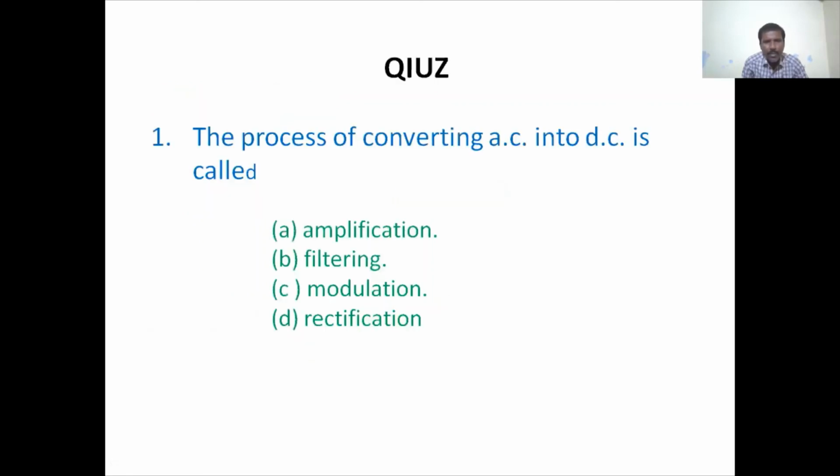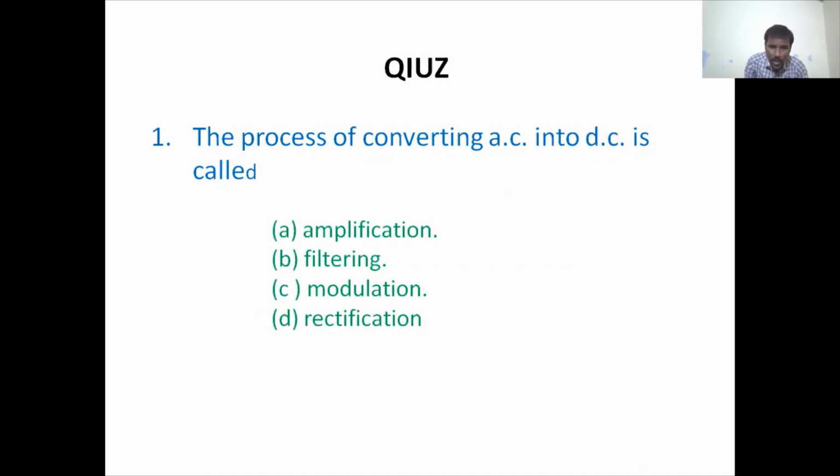So that is the quiz. The process of converting AC into DC is called what? That is, the process of converting AC, alternating current, into DC is called what?